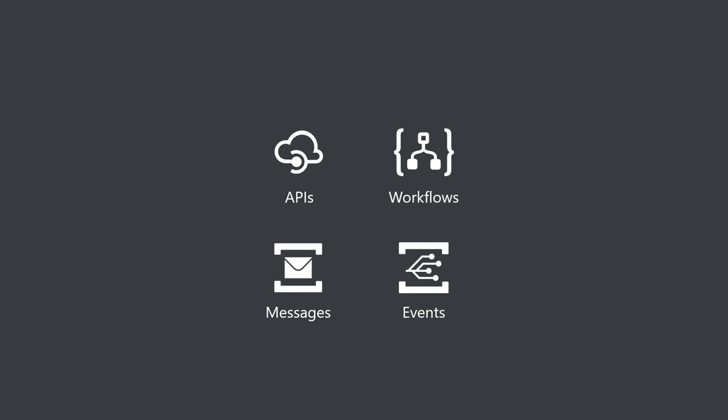So the triggering: how do I, in real time, make something happen based on an event that occurs somewhere else? And each one of these maps onto the 4 services in Azure that form Azure Integration Services, which is API Management for creating, consuming, and publishing APIs, Logic Apps for doing orchestration and workflow, Service Bus for messaging, and then Event Grid for creating events, consuming events, publishing events, subscribing to events.